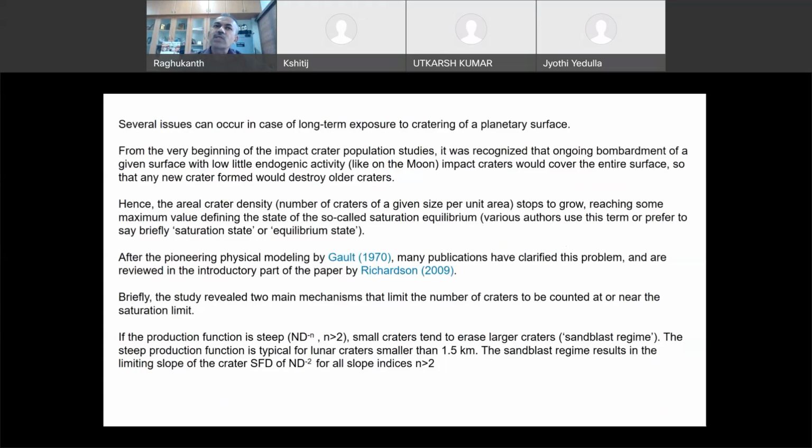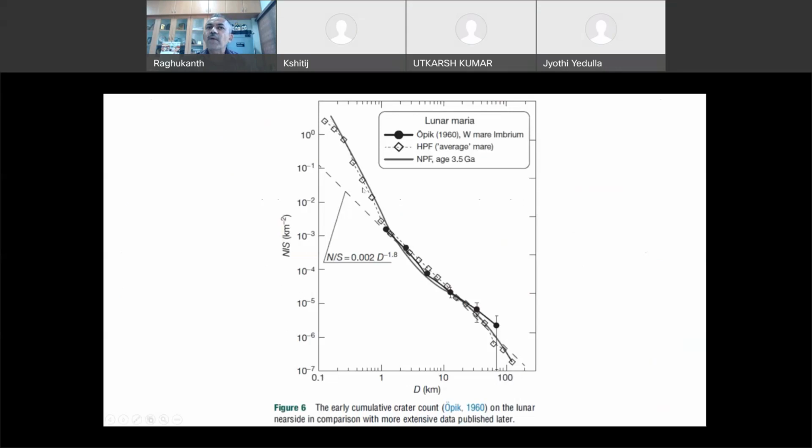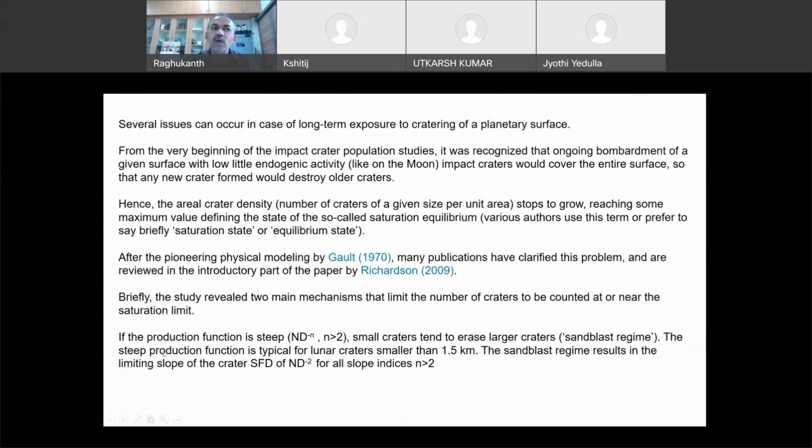Okay. So these concepts were all introduced by Gault. He's also from NASA. In 1970, he did a lot of experiments in the lab and gave all these concepts. Now this quantity, the cumulative graph, sometimes we call the size frequency distribution, but in planetary geology people also call it the production function. You follow.